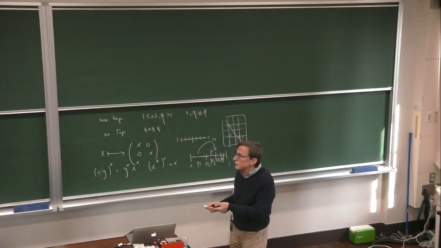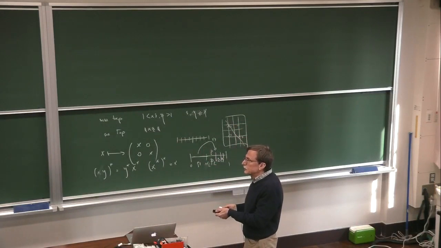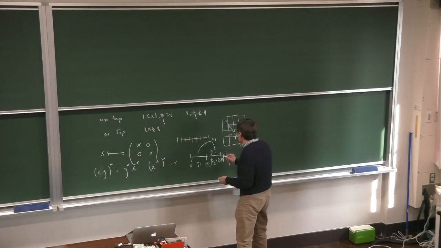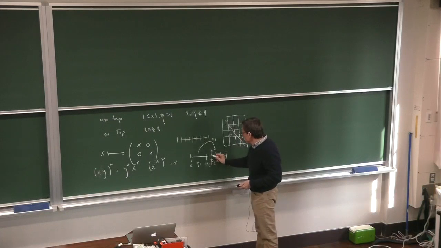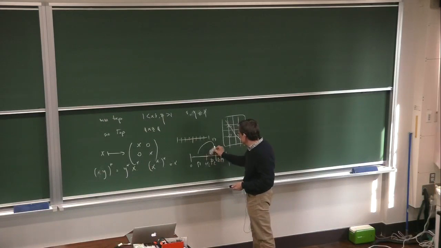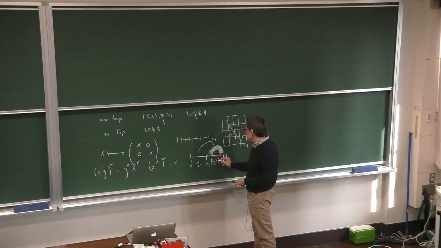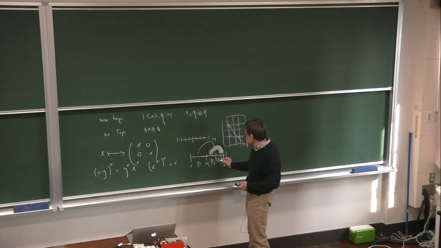And V2 is the one that gives me the equivalence between these two: P2 and 1 minus P1 minus P2, and so on. So this is P3, etc.